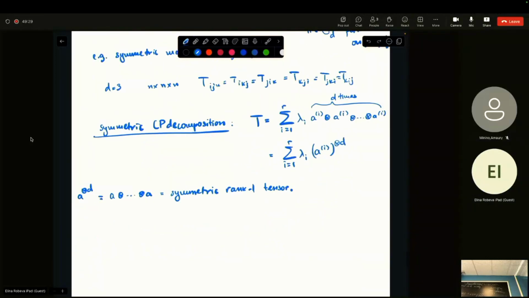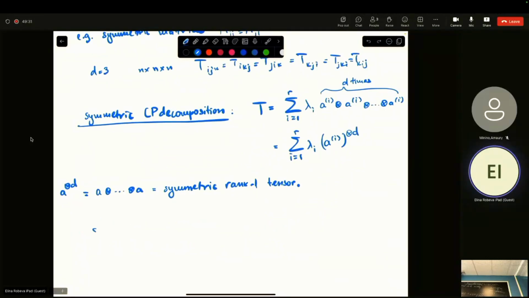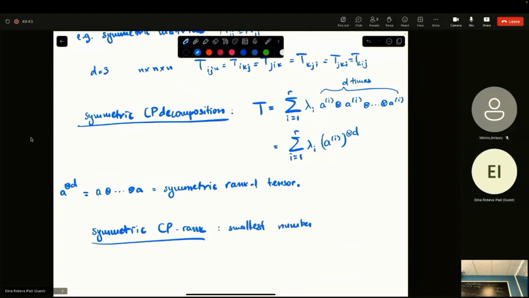So I should define symmetric rank. The symmetric CP rank is the smallest r for which the decomposition exists.